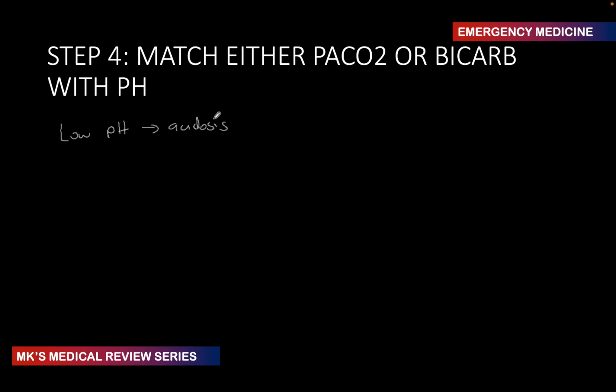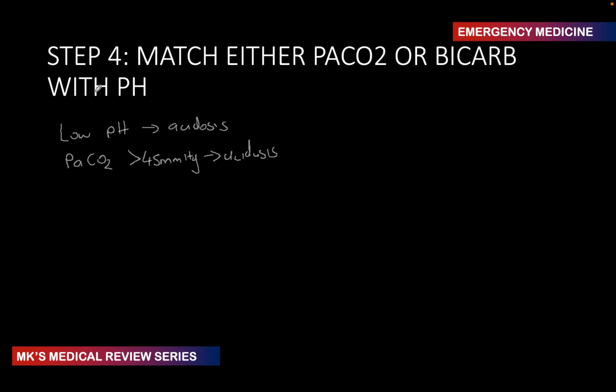Then at the same time, you have a patient that has a partial pressure of carbon dioxide that is high, greater than 45 millimeters of mercury. Remember, if it is high, it means that you're hypoventilating. You are retaining carbon dioxide. So this is also going to be causing an acidosis.